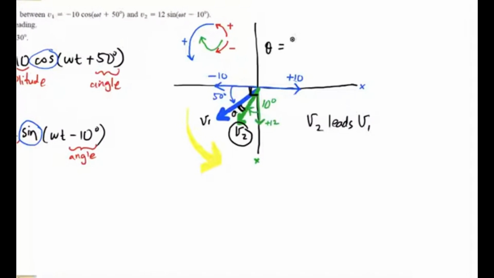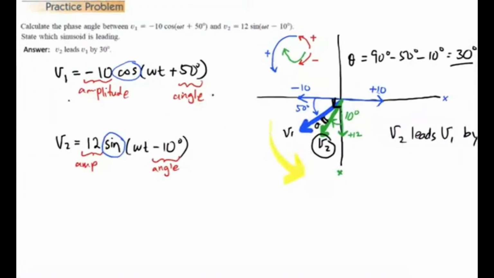Theta is 90, the whole thing here is 90 degrees, minus 50 degrees and another 10, and your theta would be 30. So V2 leads V1 by 30 degrees. So that is your answer.